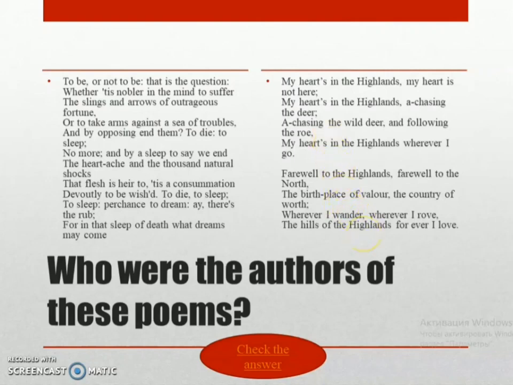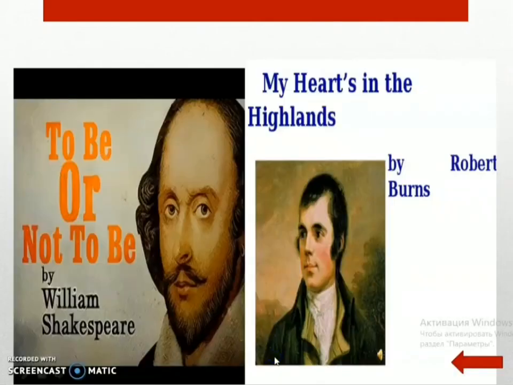Please read them and guess the authors of these poems. Check the answer. To be or not to be by William Shakespeare. My Heart's in the Highlands by Robert Burns.